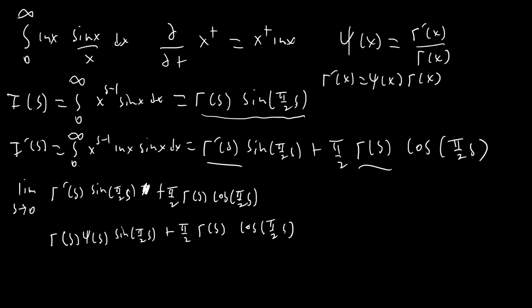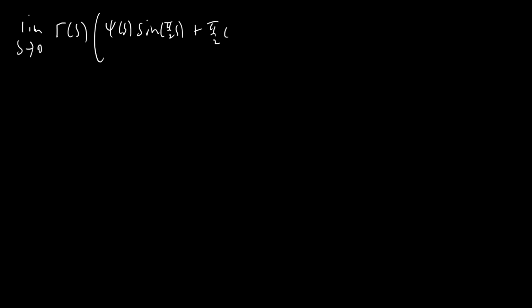And now we can just factor out that gamma function. So we're going to get the limit as s goes to 0 of gamma of s times digamma of s sine of pi over 2s plus pi over 2 cosine pi over 2s. We aren't able to completely factor this out yet because this gamma of s, of course, also goes to infinity.